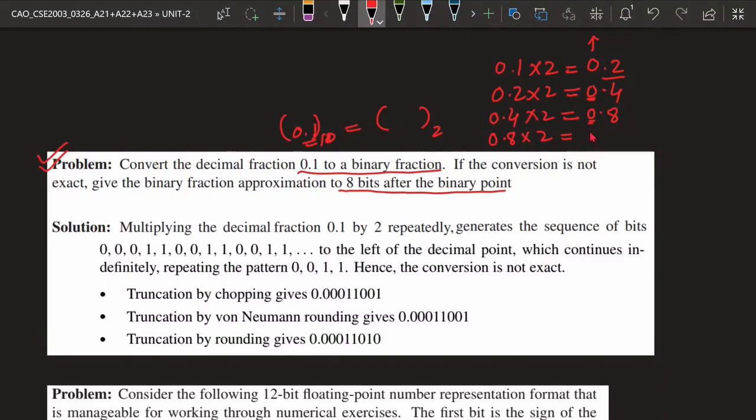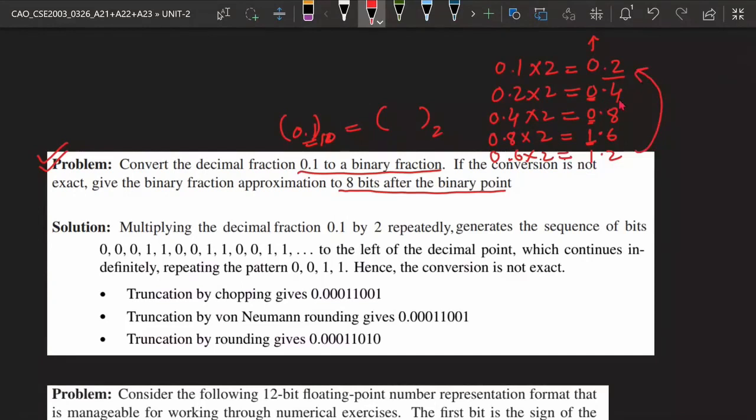After multiplying, we will be getting 1.6. So here the integer part is 1, so that will be 1 after the binary point. Okay. So again 0.6 multiplied by 2 is 1.2, and then 1 and 1 is coming out, and then again 0.2 comes, and this pattern will be repeated.